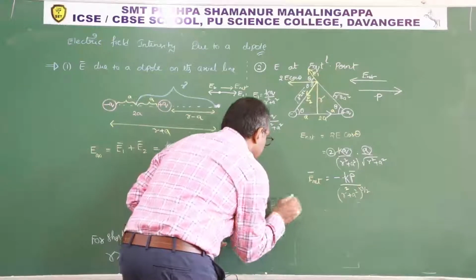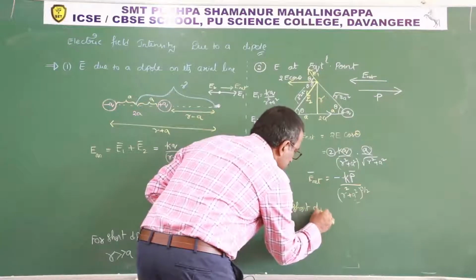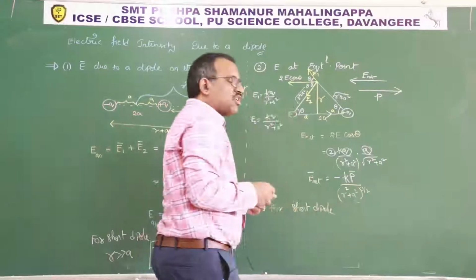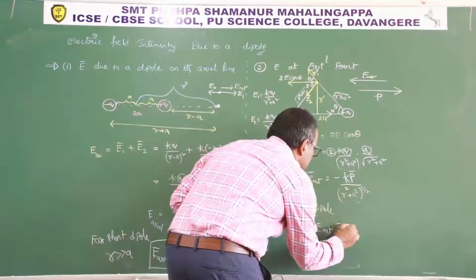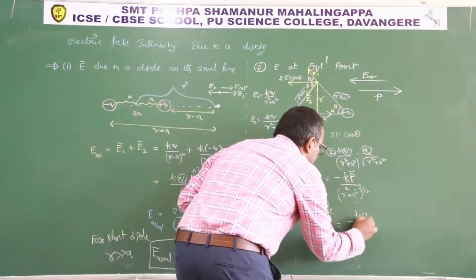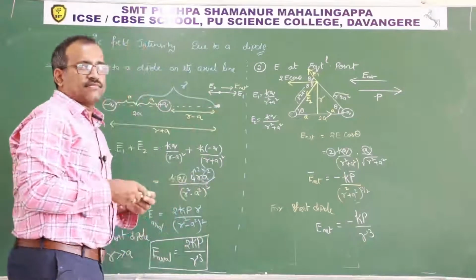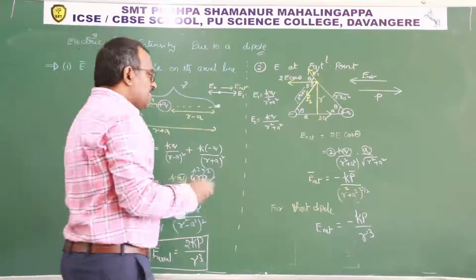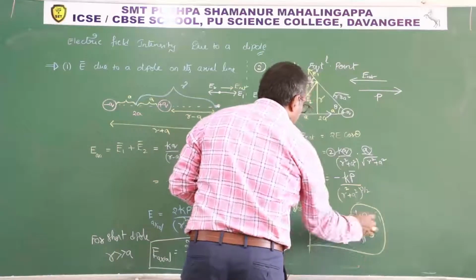For a short dipole, the answer is E net equal to minus kp by r cube. Please mind it. Very, very important.